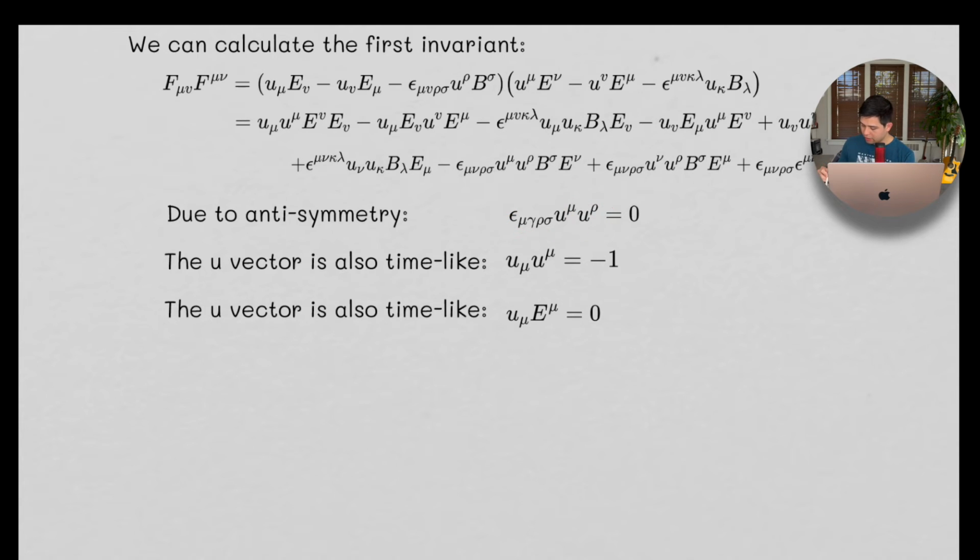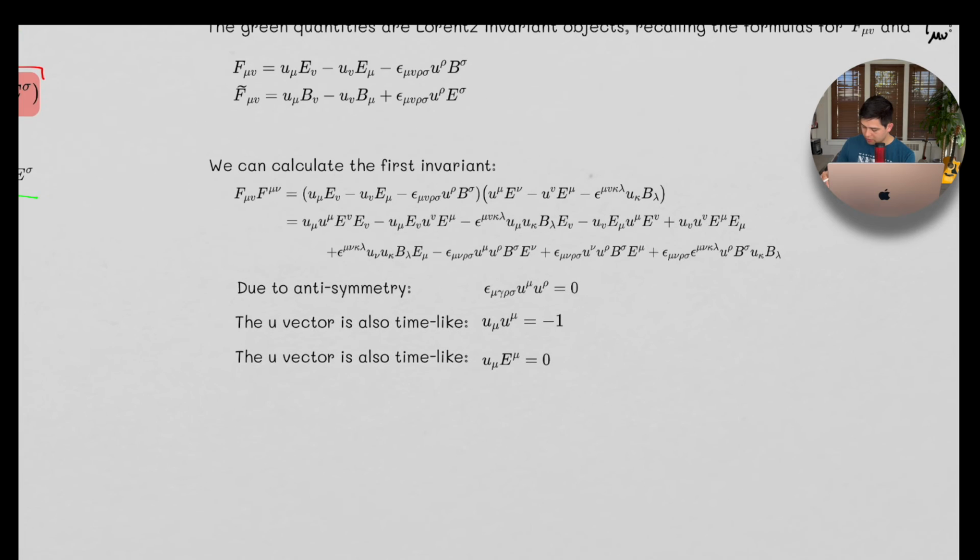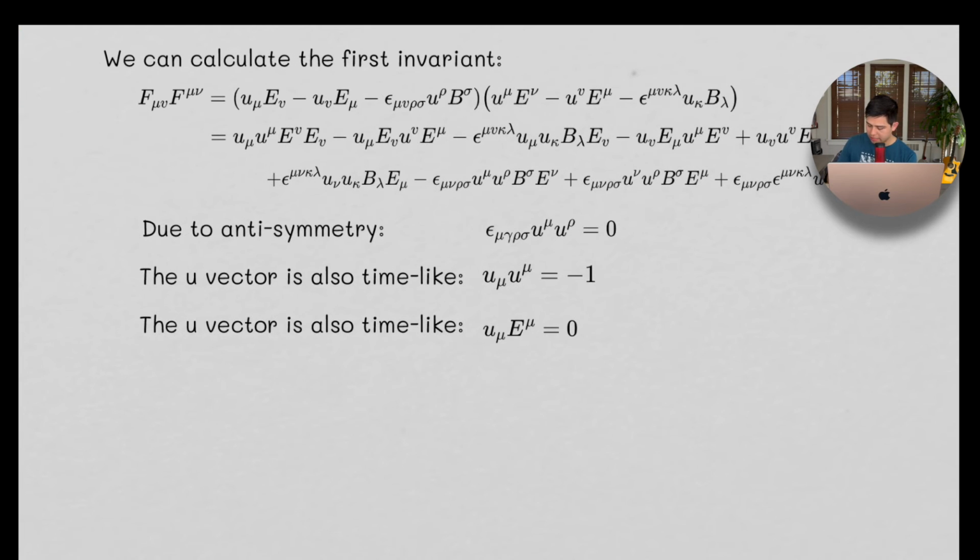I don't want to get too much into this, other than to say that whenever you have something like the Levi-Civita symbol, which is anti-symmetric, and these two things are symmetric, when you multiply something anti-symmetric with something symmetric, you get 0.